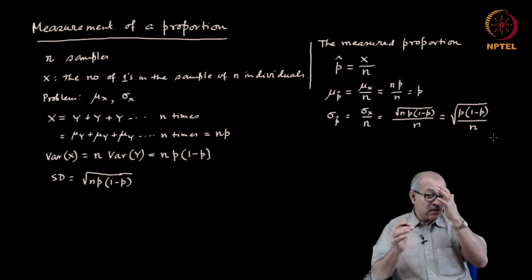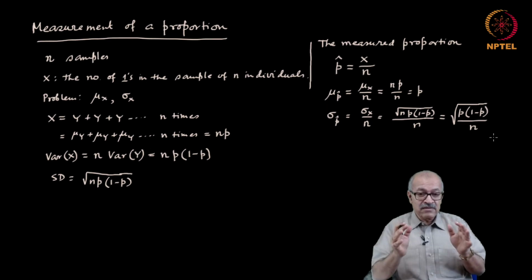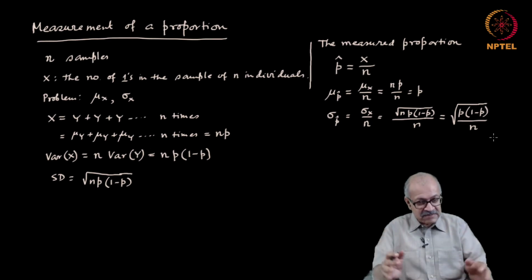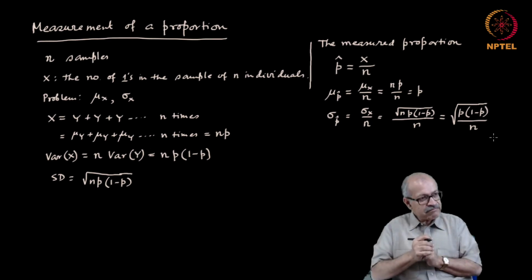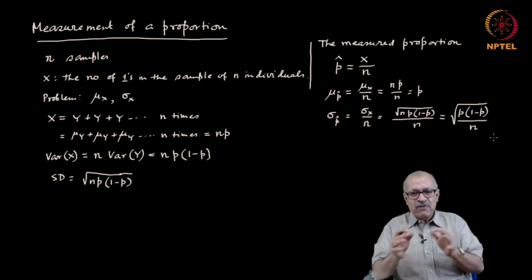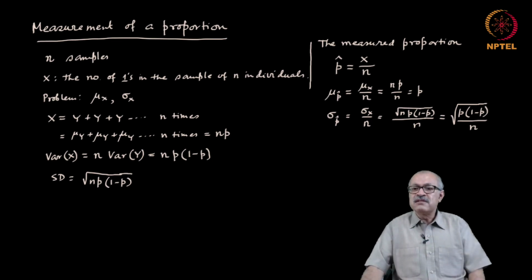So, how do we ensure that it will be a normal distribution? Now, it has been found that the question is legitimate. It has been found that it goes by a rule of thumb.